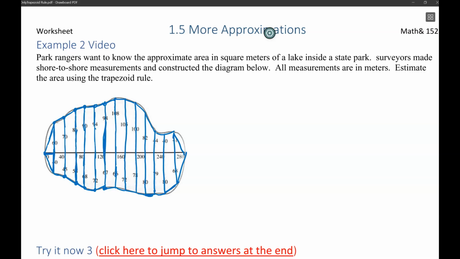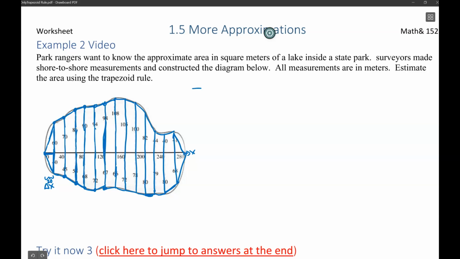So we need to figure out how wide each of these sections is. So what is our delta x? It's like this is our x-axis sticking out this way. Now that I scribbled all over that, what am I seeing? I think the second line is at 40 and the fourth is at 80. So each one of these is 20 meters wide.